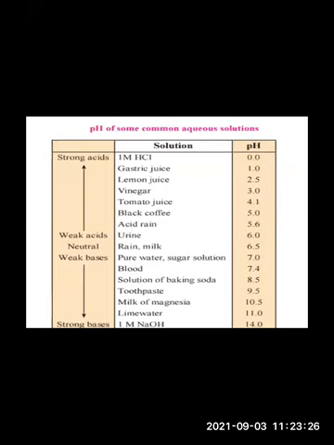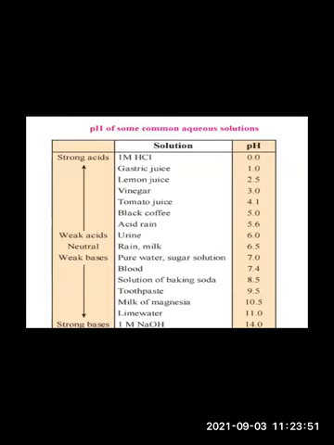So what did we learn from this? How can you understand whether the soil is acidic, basic or neutral? From the proportion of H plus and OH minus ions. That is what we are learning in science. How much proportion of hydrogen ions is present? How much proportion of hydroxyl ions is present?